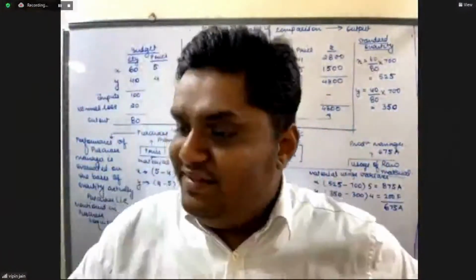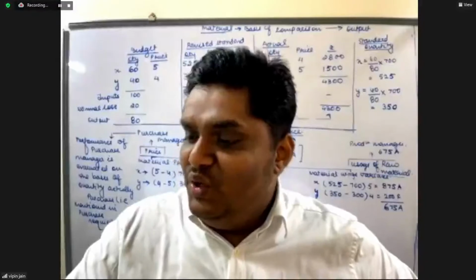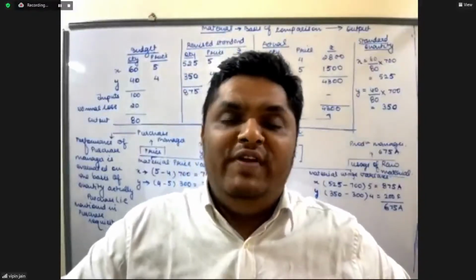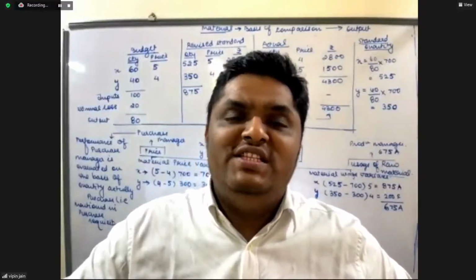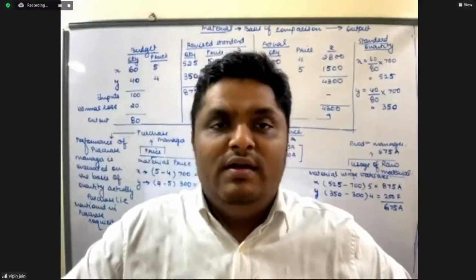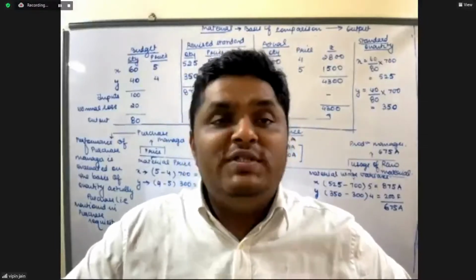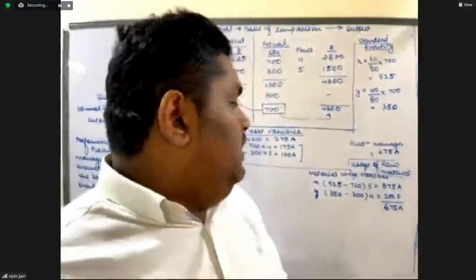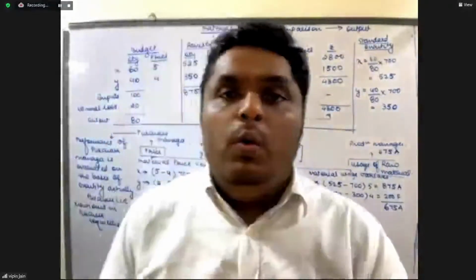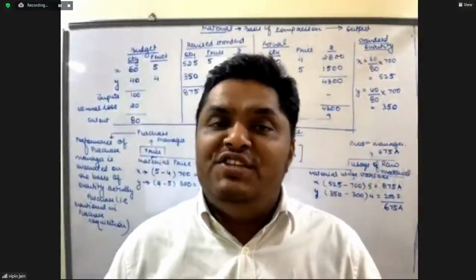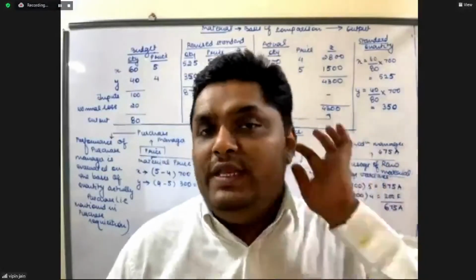Welcome back, friends. So, till now we discussed material cost variance, material price variance, material usage variance. Now, let's proceed further. When talking about usage variance, the production department or production head is responsible for usage variance.